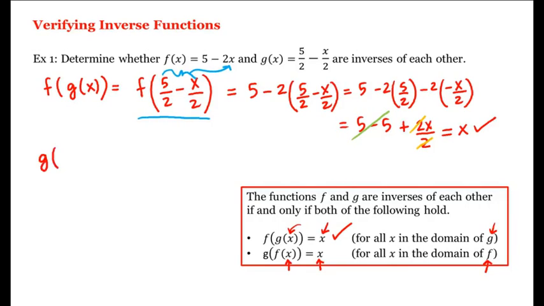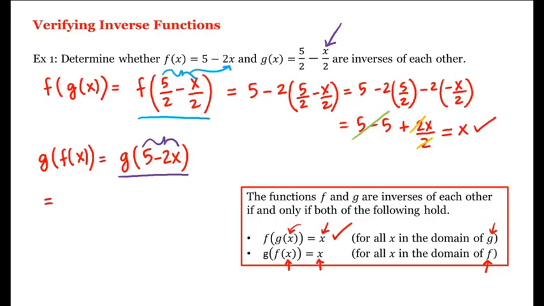So let's compute g of f of x. This is equal to g of, and f of x is this 5 minus 2x. And then to evaluate g at any input, we take this input and we put it up here wherever we see an x.